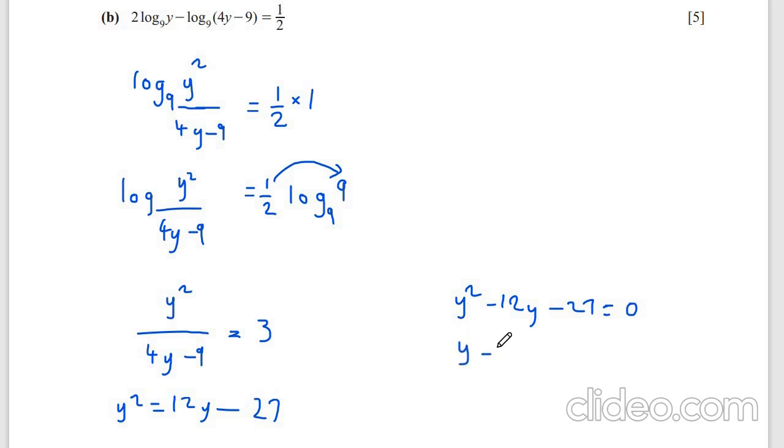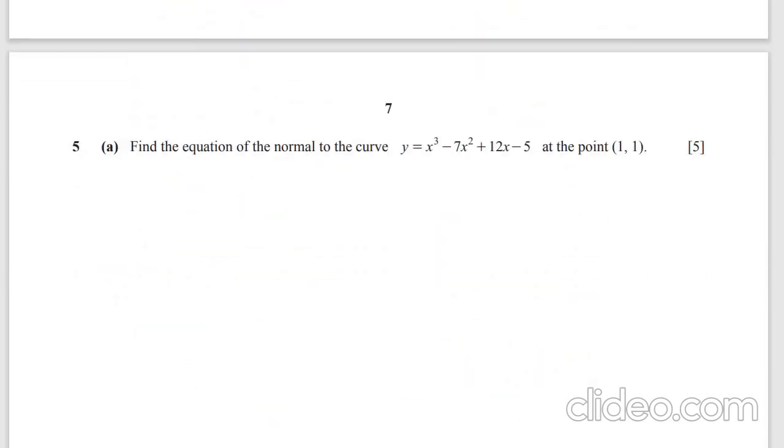So if we factorize this expression, this is what we'll get. And so these are the values of y, 3 and 9. Next question.